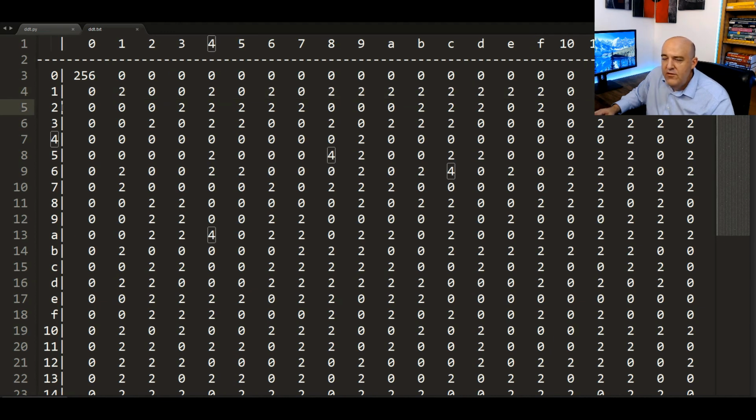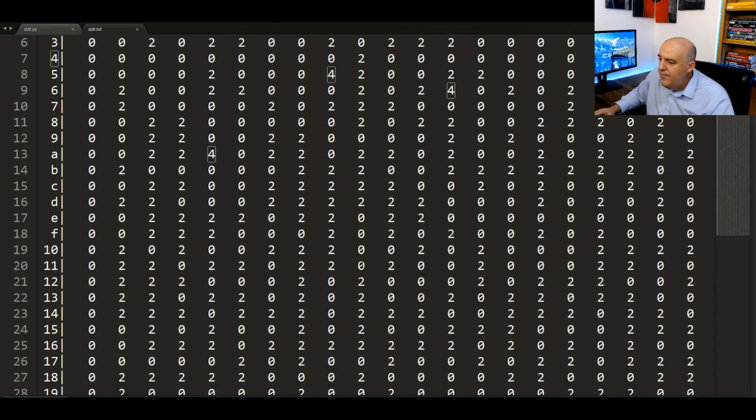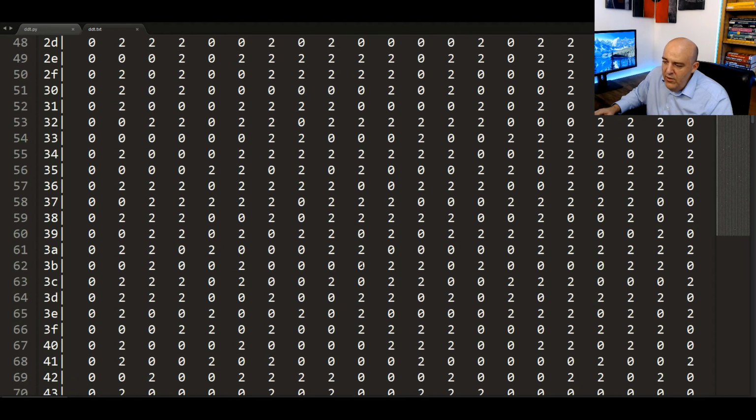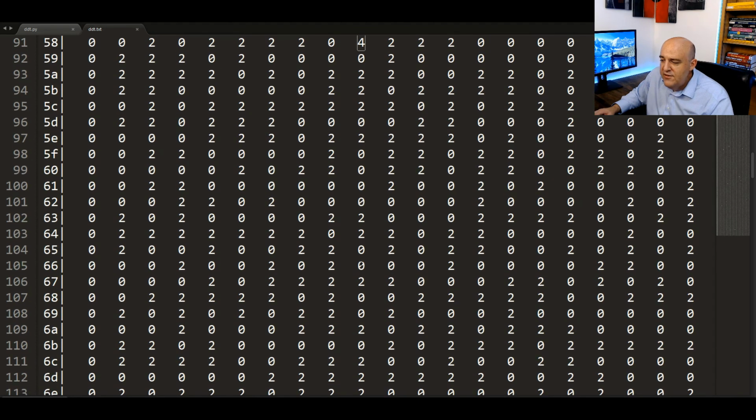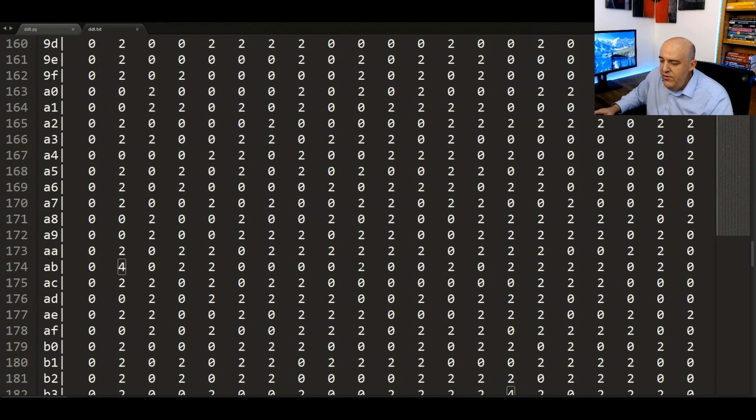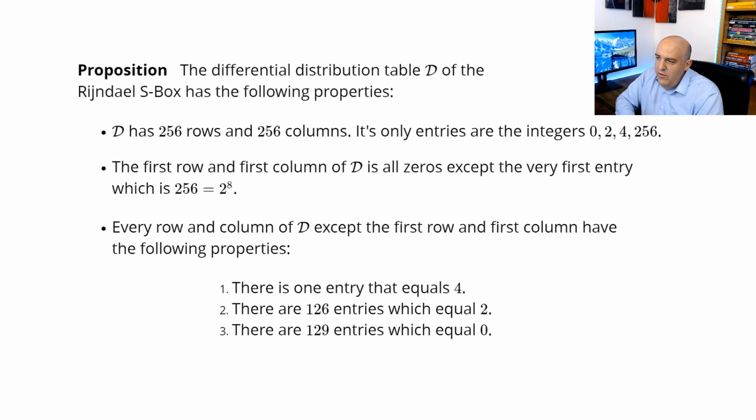In every single row and column, except for the first ones, there's always a single 4. And the next thing we notice is that 4 is as big as it gets. The largest value in this table is a 4. That's quite a bit different than the DDTs of the DES S-Box, where we found values quite large, like 14.